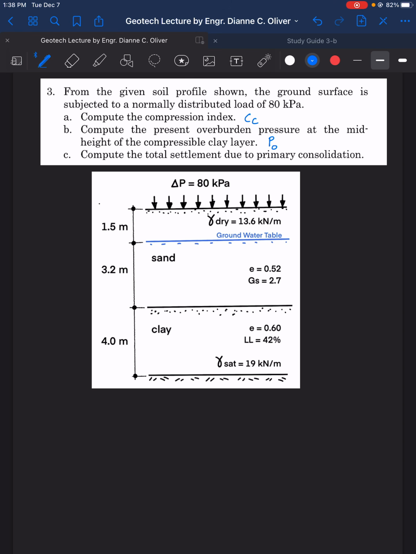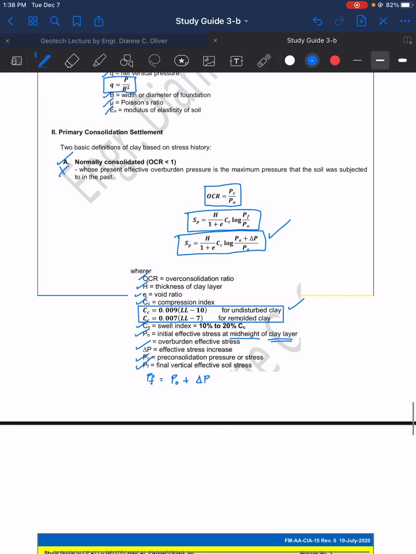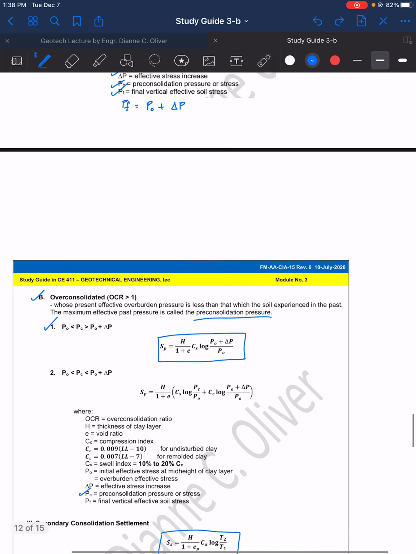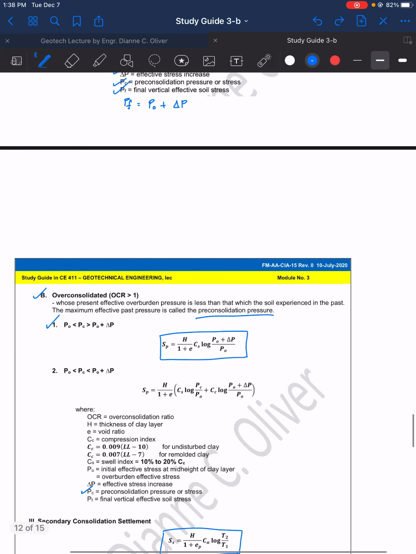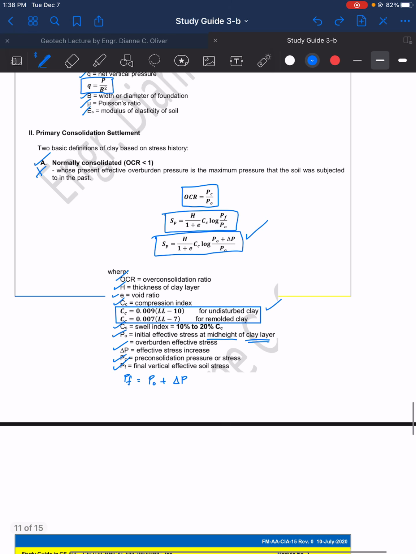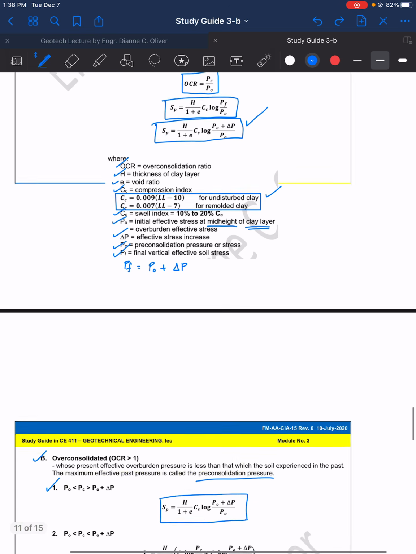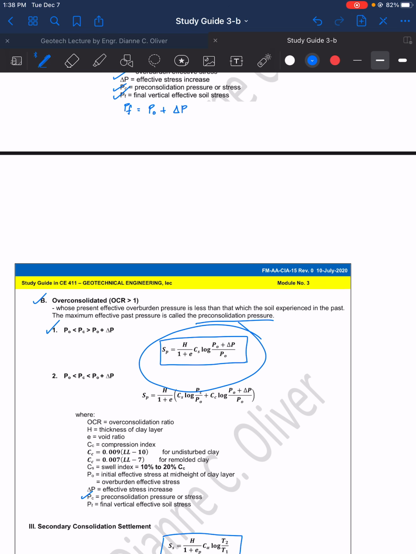For letter C, compute the total settlement due to primary consolidation. So we are concentrating under the primary consolidation. Under primary consolidation, we also have two classifications, the normally consolidated and the over-consolidated. Here is a shortcut to know if we are going to use the formula for normally consolidated or over-consolidated.